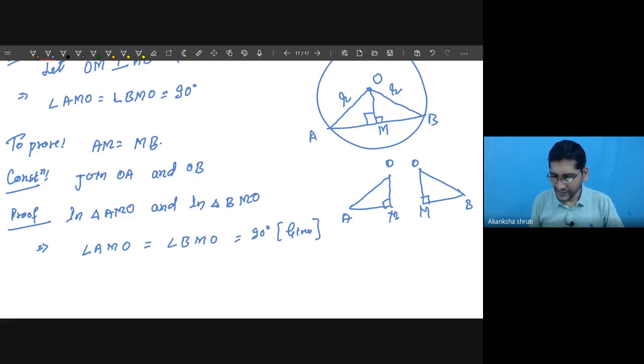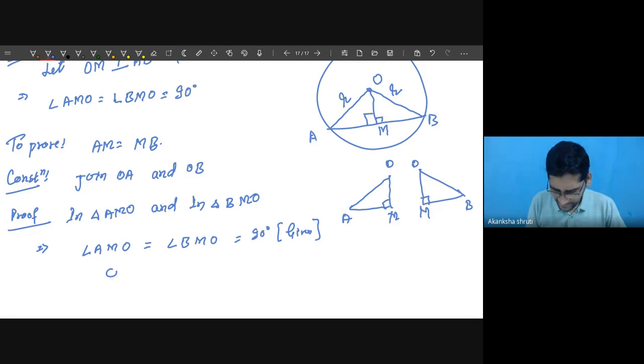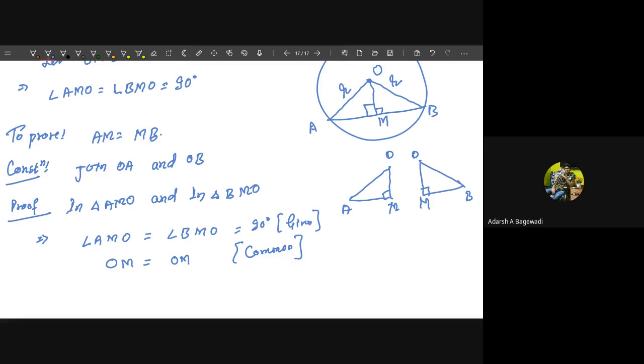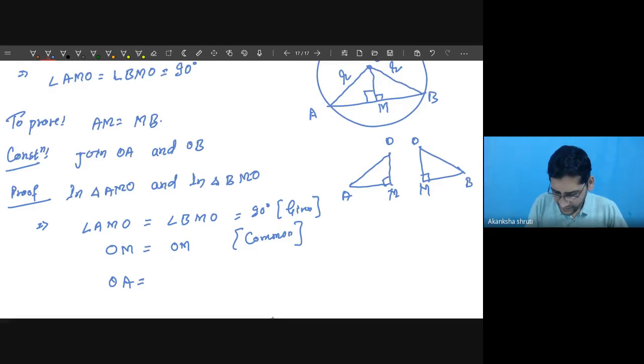Very good. Another one is OM equals OM. This is common. What else is there? AO, yes, equal to OB. OA is equal to OB. Why? Both are radius.